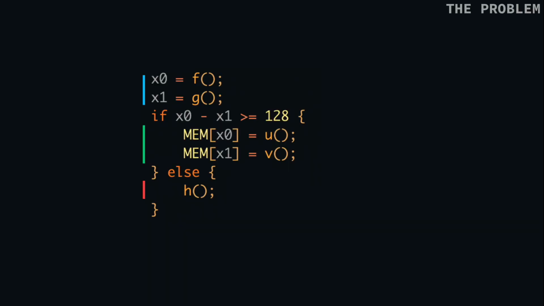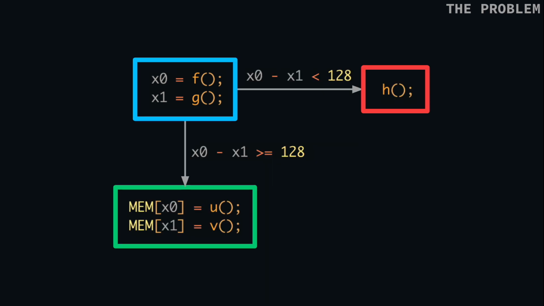To answer this question, we need to talk about contextual information. In the field of program optimization, contextual information is key. Take a look at this snippet of code, for instance. You see that the green section can only be accessed through the if statement. What this means is that we can assume the condition in the if statement to be true in the green section.